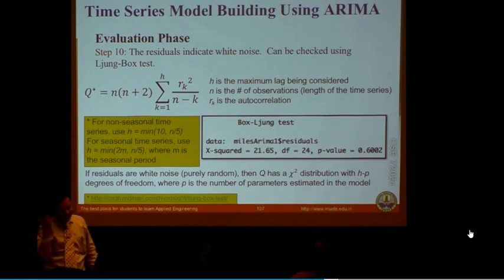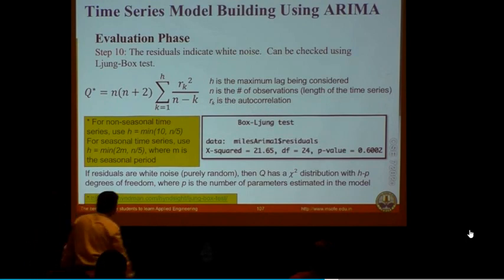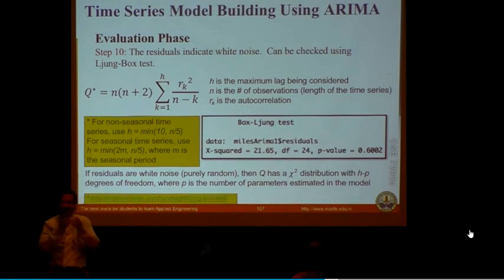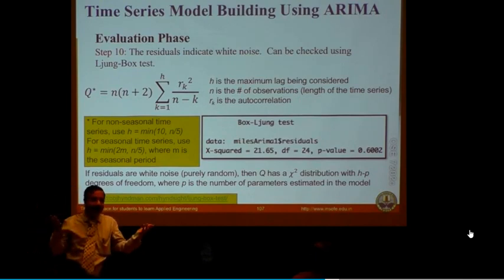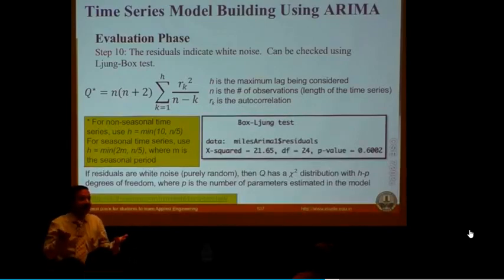What is the null hypothesis? You tell me. What are we checking for? We are checking if the residuals are all random, which means autocorrelation is equal to 0. Your null hypothesis says that all the autocorrelations are equal to 0. No significant autocorrelations left.